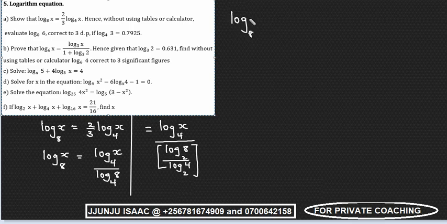So when you look at that, our log base 8 of x will now be equal to log base 2 of 8 over, now it is log base 4 of x divided by the log base 2.